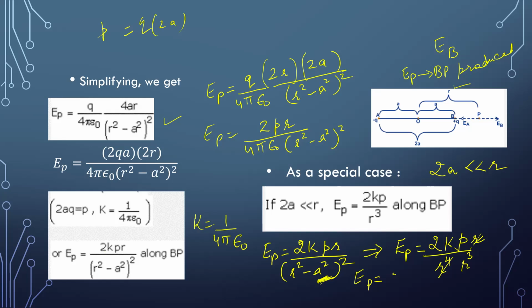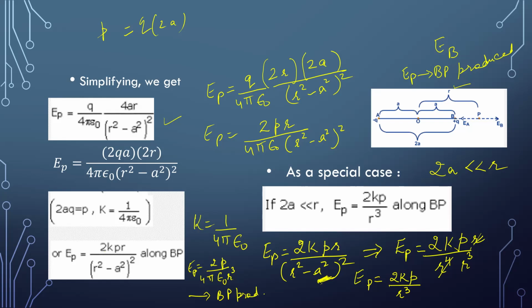So, you get the expression EP is equal to 2kP upon r cube, or if you write the expression for k, that is 2P upon 4 pi epsilon naught r cube, and the direction of this EP will be along BP produced.